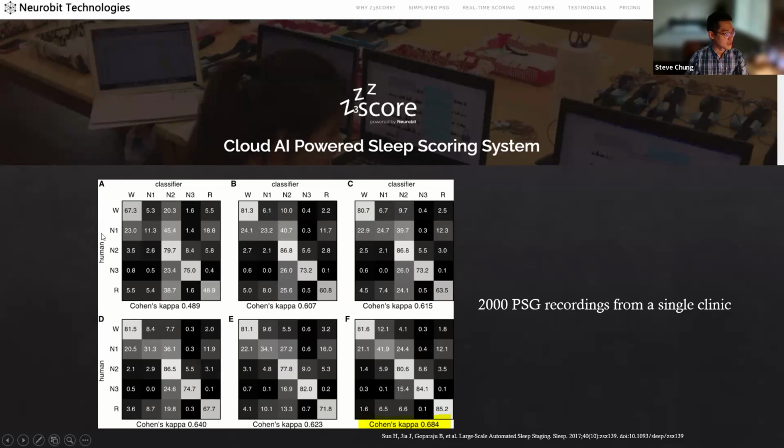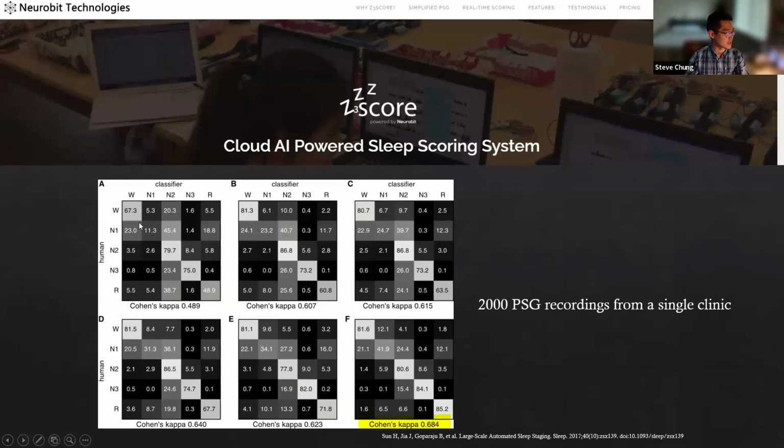So on the left-hand side on graph A, you can see that the human is scoring different stages, from wake to REM. And then you have the machine score, which is classifying each stage as wake to REM. And we want to compare at which point they are agreeing completely with each of these epochs or each of these studies. So we're focusing on the leftmost box and going down diagonally to the bottom right box. And these are actually given as a percentage of agreement.